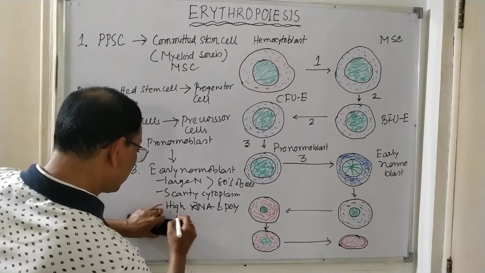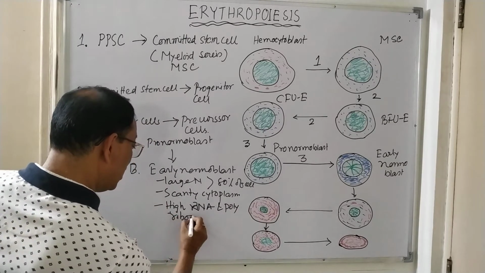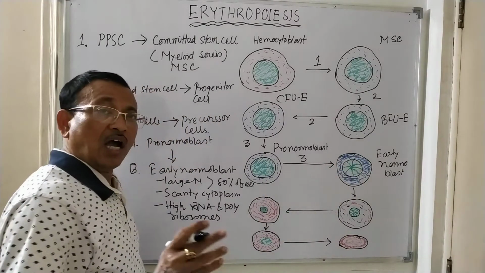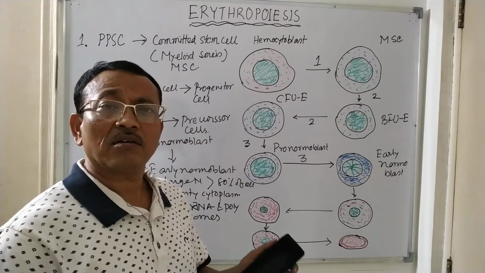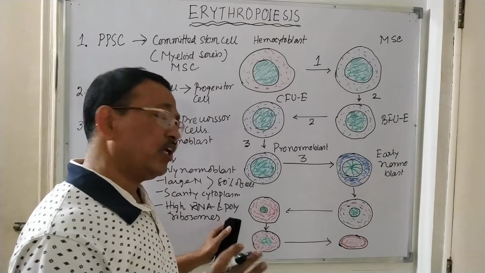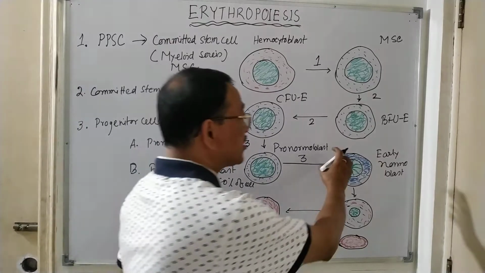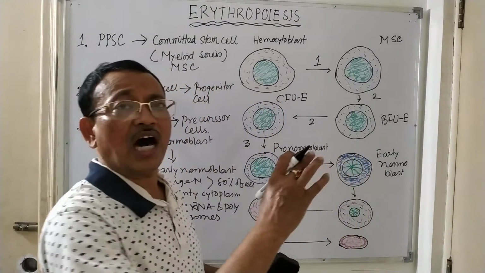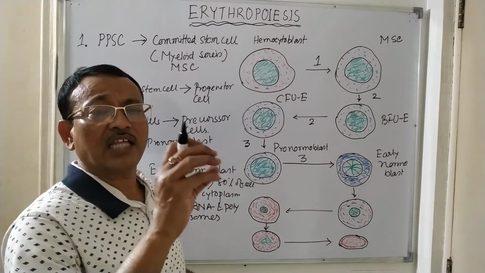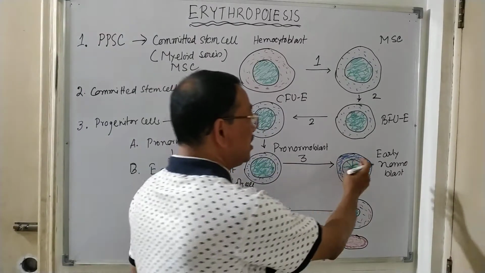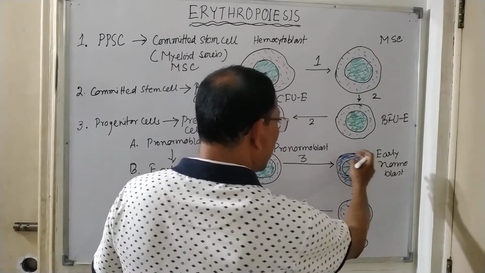As the cytoplasm contains plenty of polyribosomes and a high quantity of RNA, these are basophilic in nature and thereby stain blue in color. So this is about the cytoplasm.